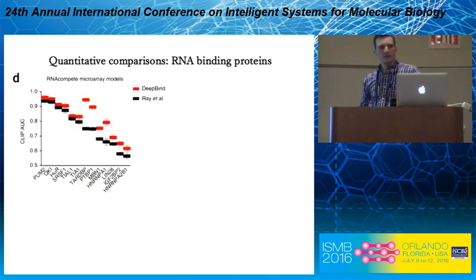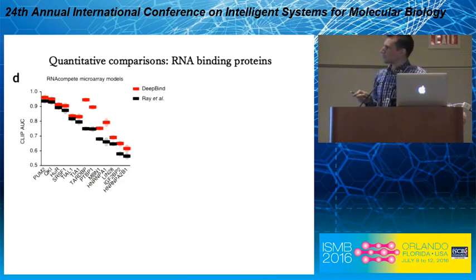I'm not going to comment on the RNA binding evaluation in detail, but I want to point out some interesting examples. So this was similar. DeepBind was trained on RNA-compete microarray data and then evaluated on in vivo CLIP-seq data.